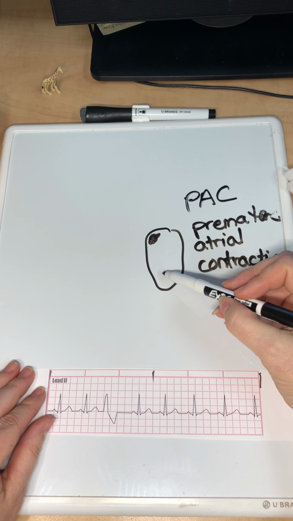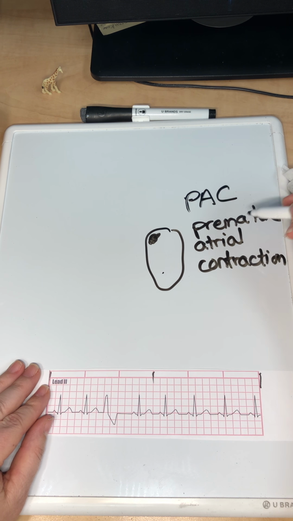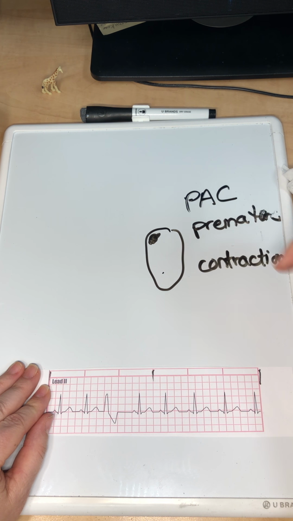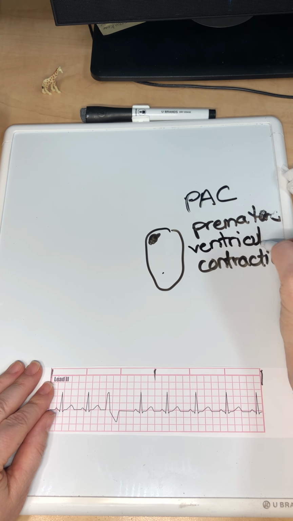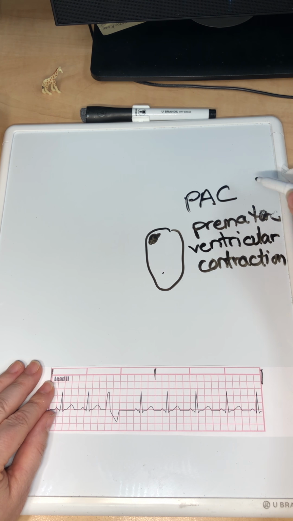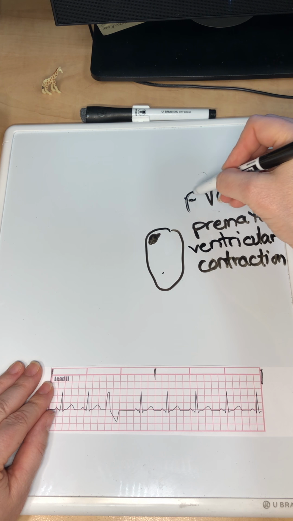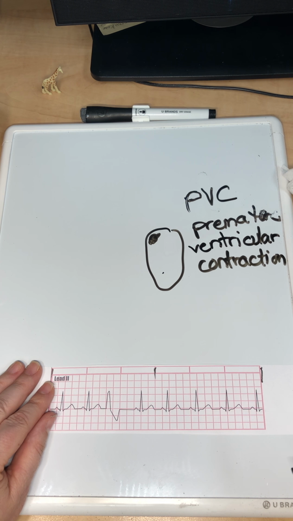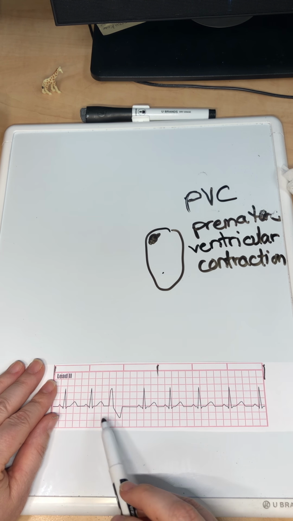When you have something down here taking over, down in the ventricles, we call this a premature ventricular contraction, okay? And so this becomes a PVC. And a PVC looks like this. It just looks wide and bizarre.